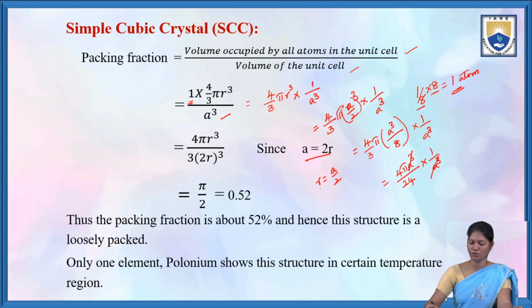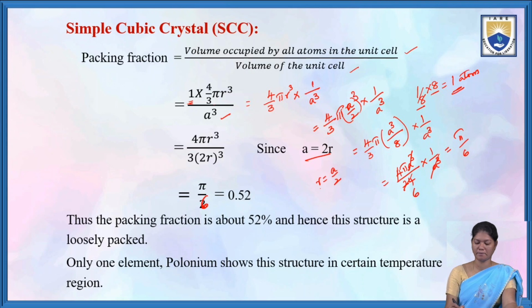The a cube gets cancelled. So we get pi by 6, which is equal to 0.52.